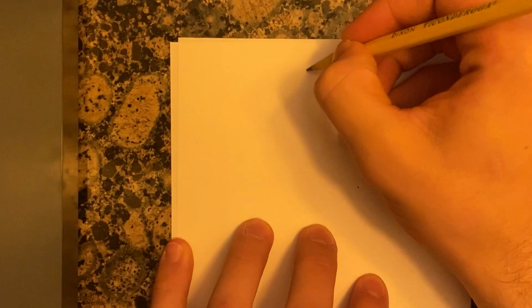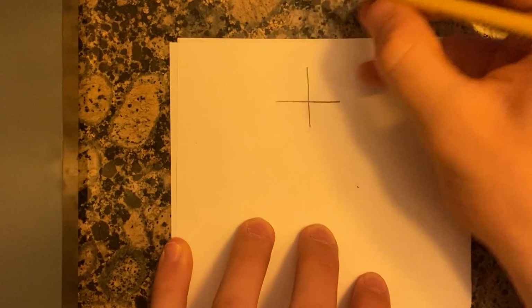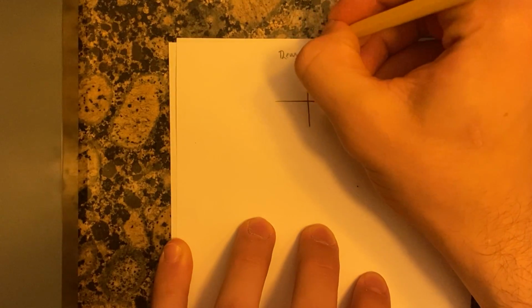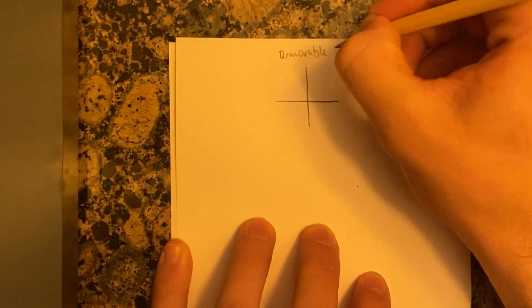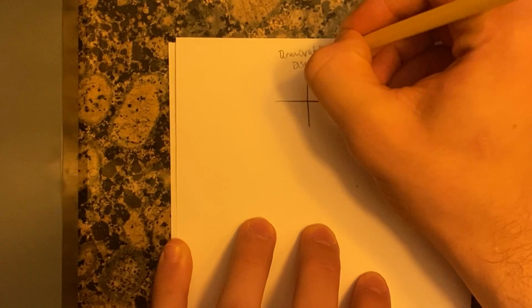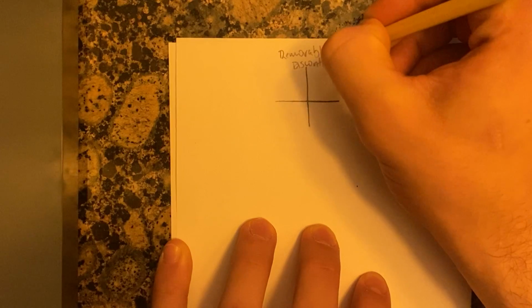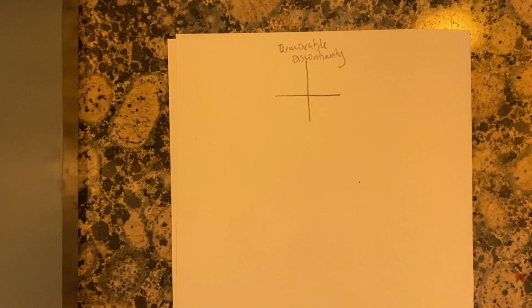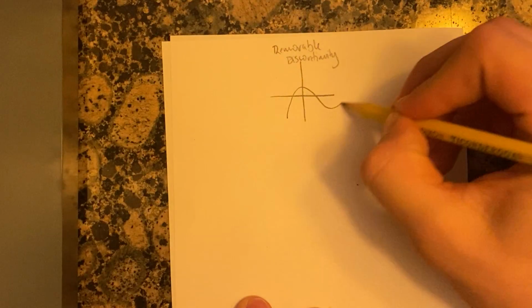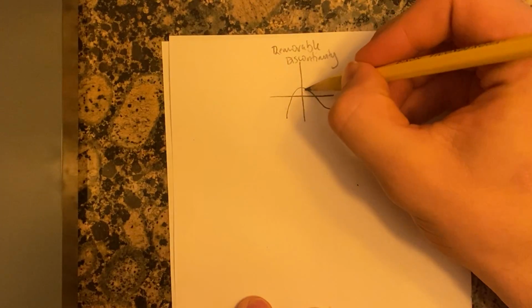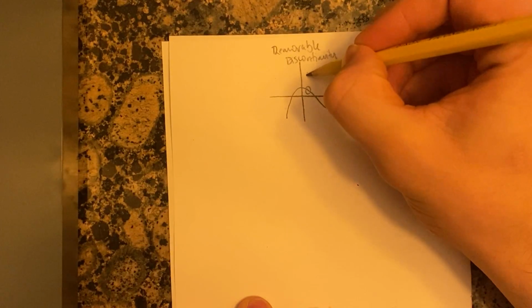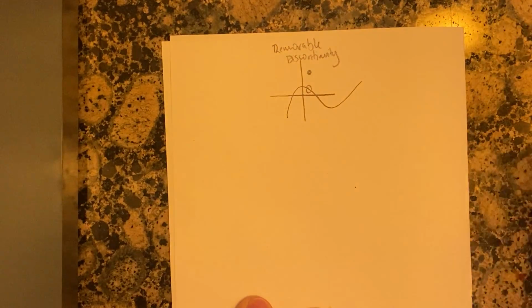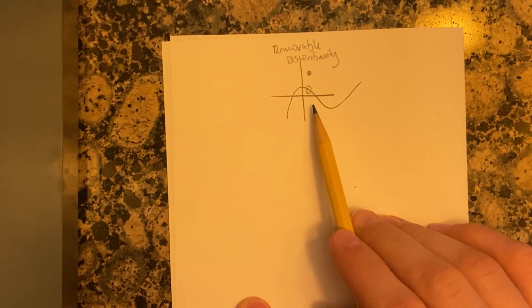So the first kind of discontinuity we have is known as removable discontinuity. This is found when we graph our function, say like so. However, there's an open circle along with a closed circle seen here.